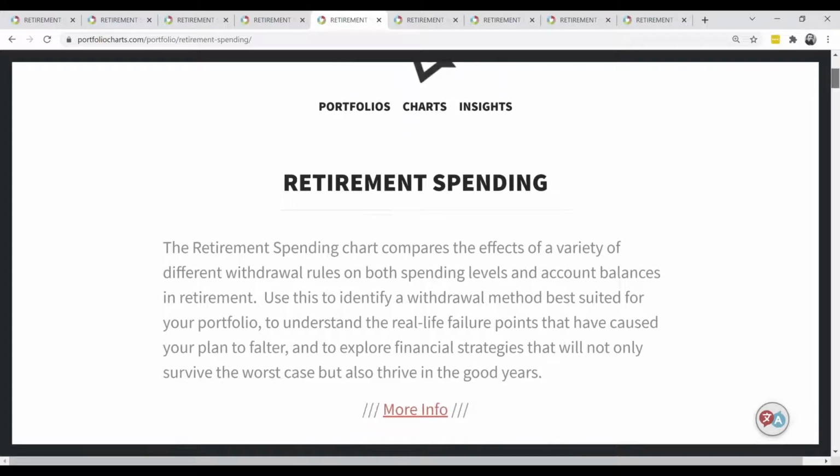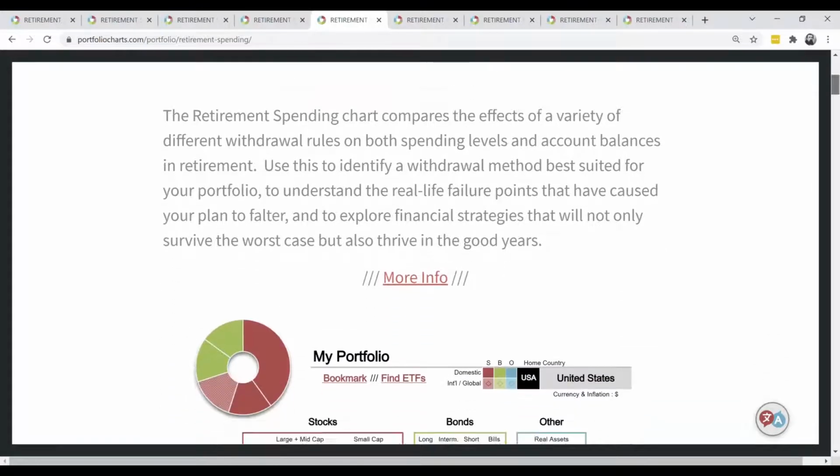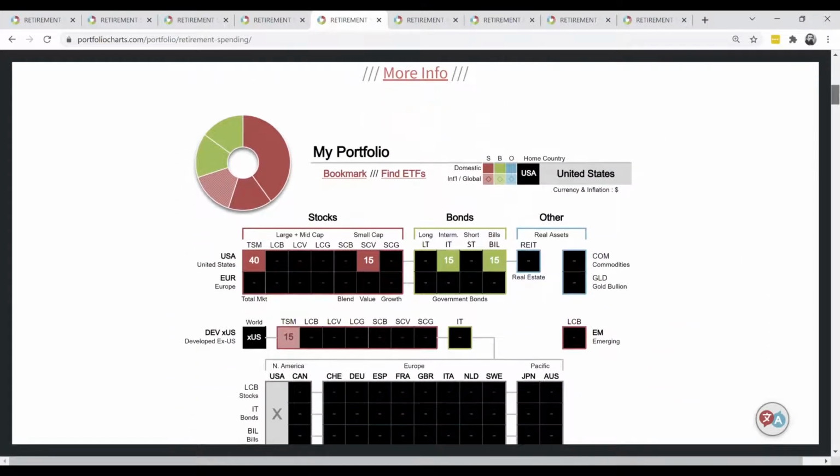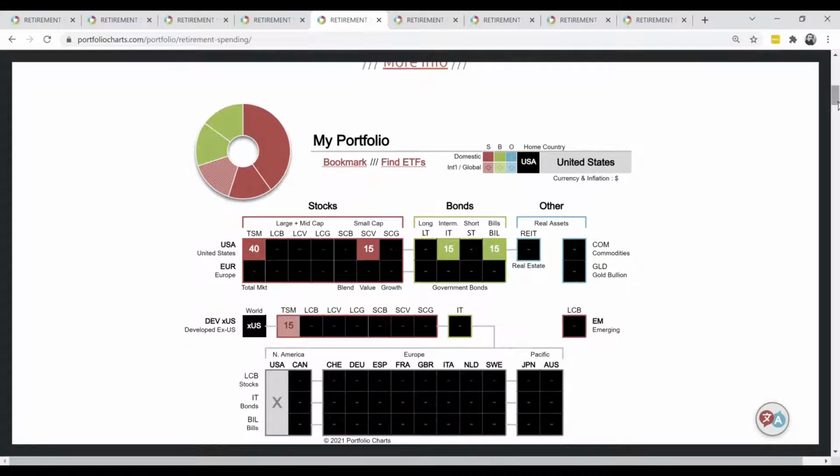And here is a typical kind of 70-30 portfolio that I hear people talk about these days. And they call this a bucket strategy because they've essentially got 15% or about 3 years in cash sitting in there, somewhere between 10 and 15%.